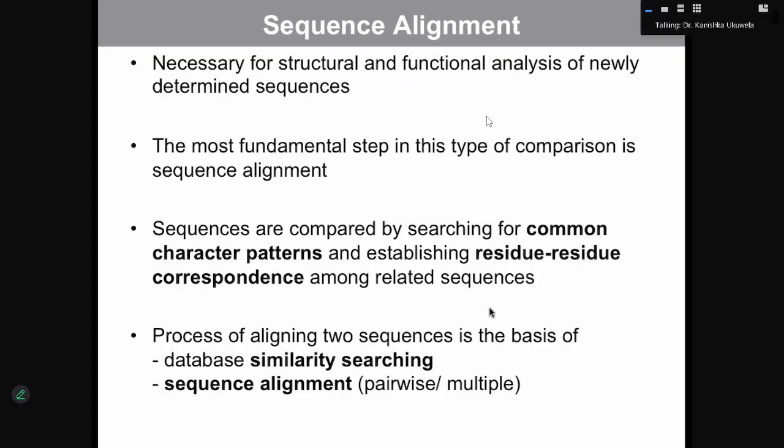If you remember the algorithm or strategy behind the BLAST technique that we discussed in the morning, it's basically the same strategy, where you compare residue to residue, or nucleotide to nucleotide, or amino acid to amino acid level of matching. So again, alignment comes on the basis of similarity searching that we discussed in the morning, and basically aligning two sequences for comparison.